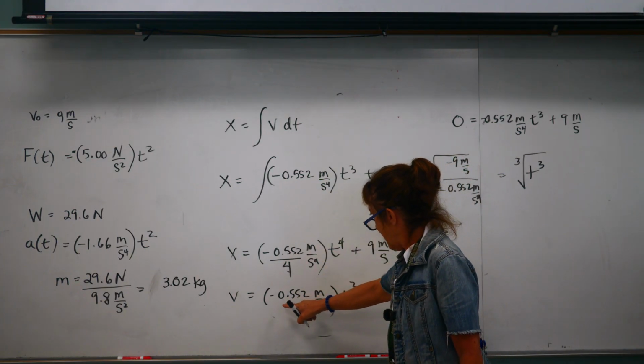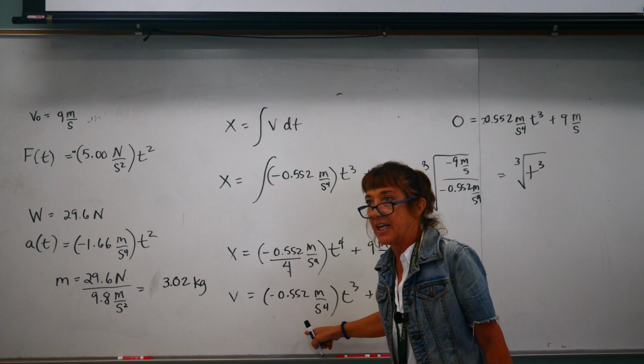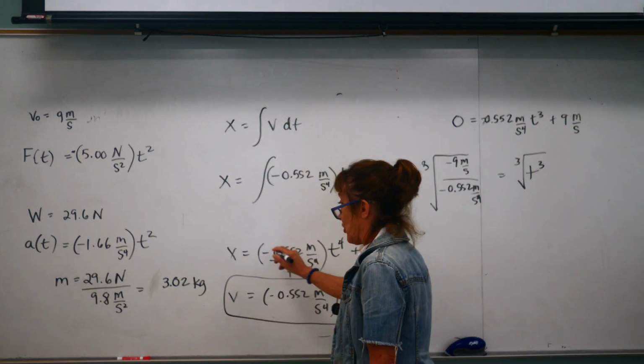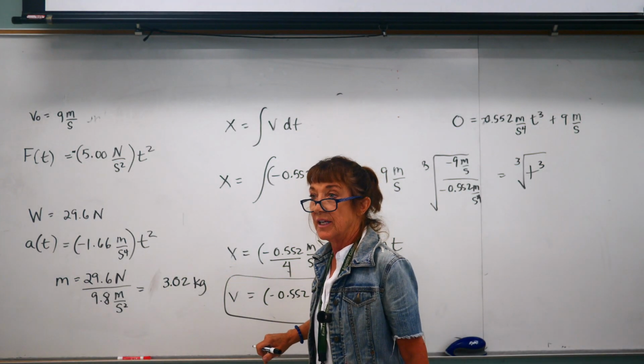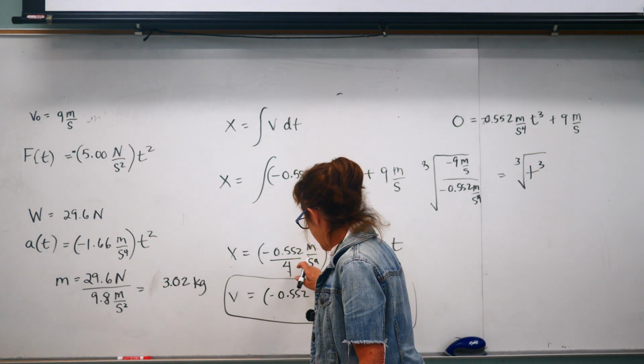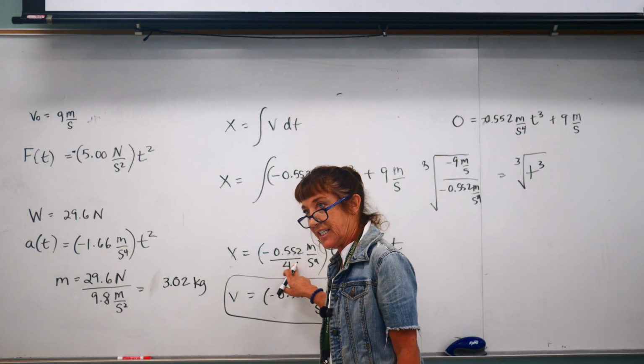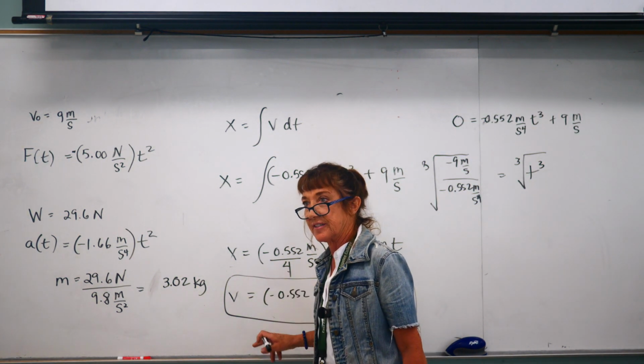Oh, yeah, that's because this is the velocity function right here, right? I mean, this is the position function right here. So when I integrated, the exponent went up to t to the fourth, and I need to divide that. These are two different functions.